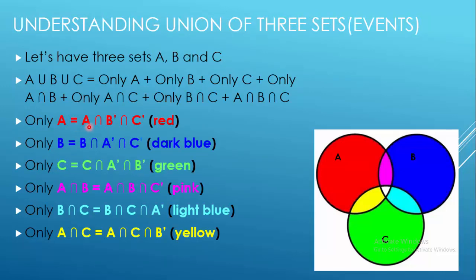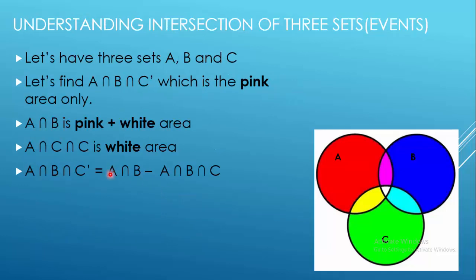Then we have B is equal to B intersection A complement intersection C complement. This is the same thing. So these three equations are easy to understand, and as we said before, this pink area is nothing but A intersection B intersection C complement. You can see it over here.